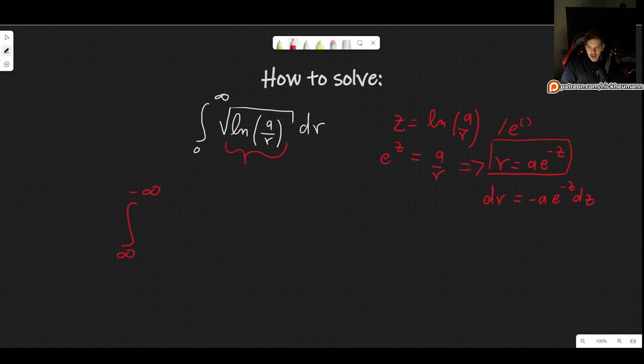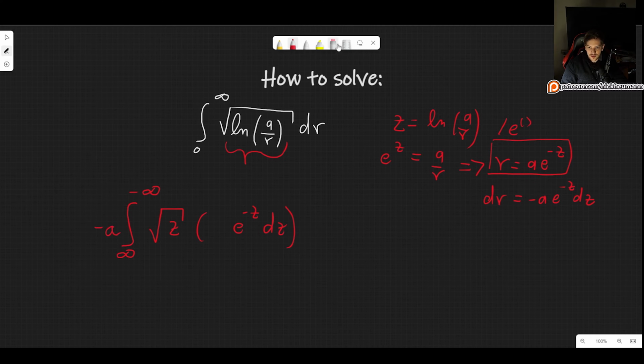Okay, and then we have the square root of z, plugging in the expression for the natural log. And then we have the expression for dr, which is minus a e to the minus z dz. Now, minus a, of course, we can simply take out of the integral, that's simply constants.